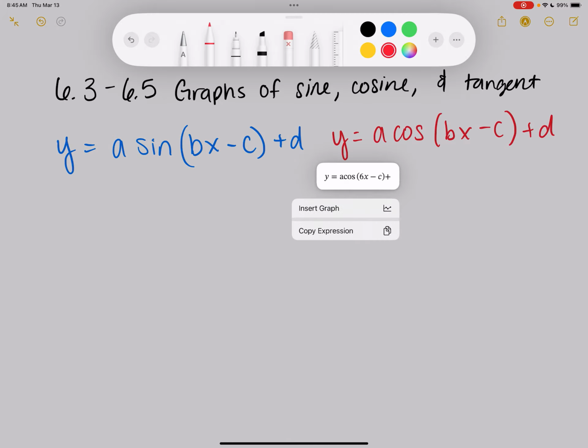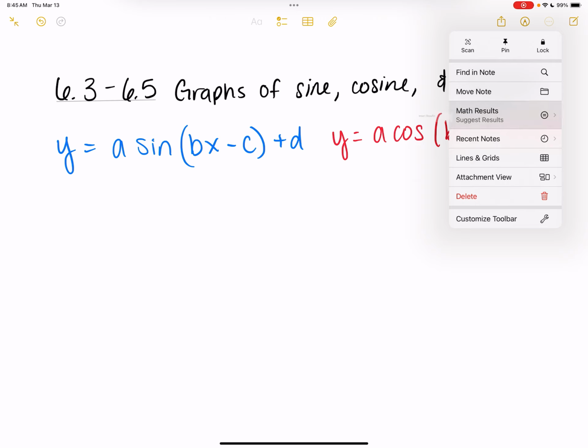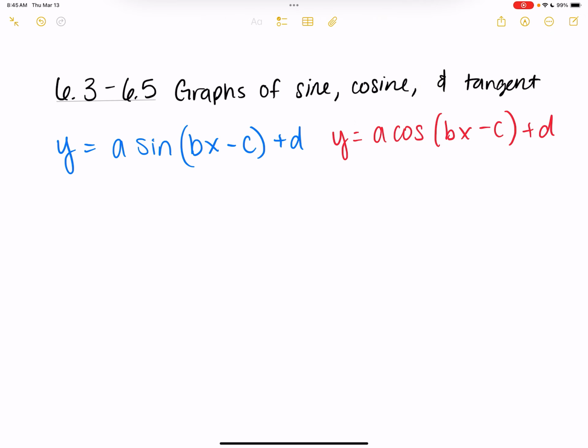And these b values could also be outside the parentheses, not going to change anything. Sometimes they put them in, sometimes they put them out. So I go back and forth by whatever the book is doing at that time.